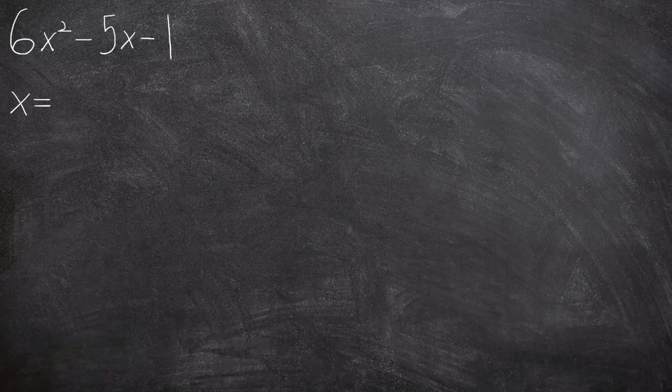Let me write that a bit bigger. Okay, there we go. 5 plus minus square root of negative 5 squared minus 4 times 6 times negative 1. And this would all be over 2 times 6.